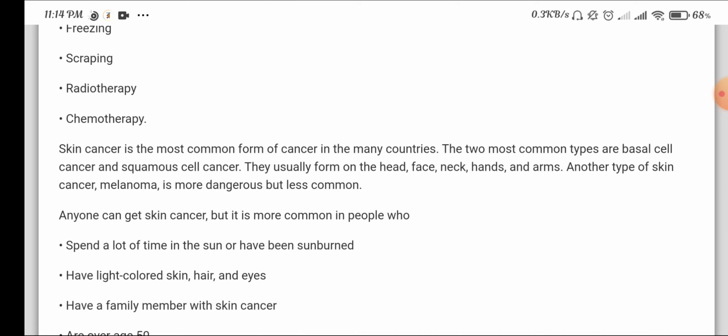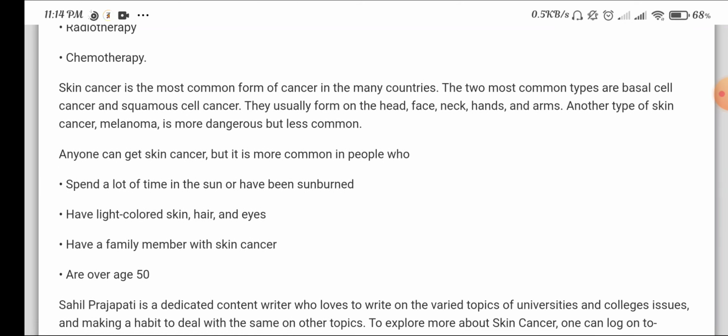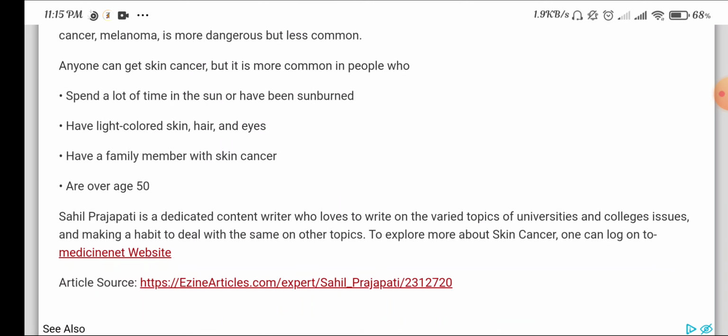Anyone can get skin cancer, but it is more common in people who spend a lot of time in the sun or have been sunburned, have light colored skin, hair and eyes, have a family member with skin cancer, or are over age 50.